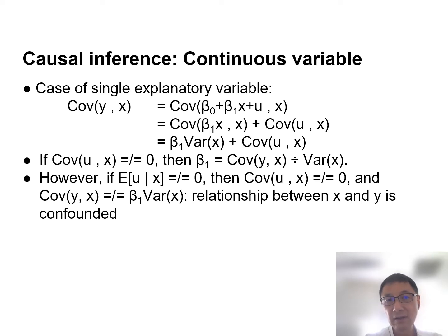Then the covariance of u with x is not equal to 0, and the covariance of y with x is not equal to beta subscript 1 times the variance of x. And we say that the relationship between x and y is confounded.